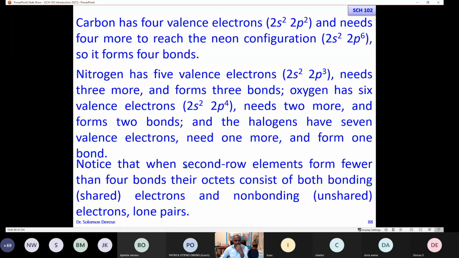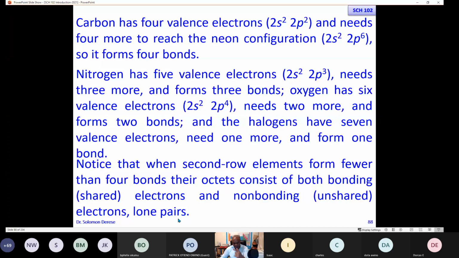Notice that when second row elements form fewer than 4 bonds, their octets consist of both bonding electrons, that means the electrons that are shared and used in covalent bonding, and non-bonding or unshared electrons, or lone pairs.